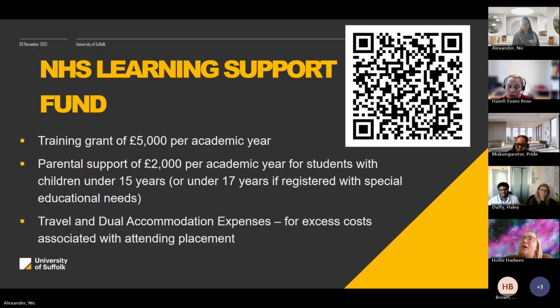So if you're concerned about finances associated with university, which is a very important consideration to make, the NHS Learning Support Fund, as I say, is currently a total of £6,000 per year for diagnostic radiography, and might just help you to make that transition into studying for another 3 years.